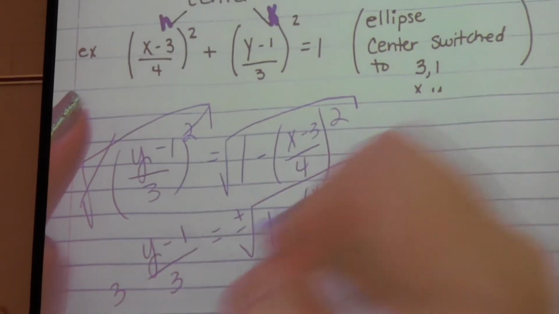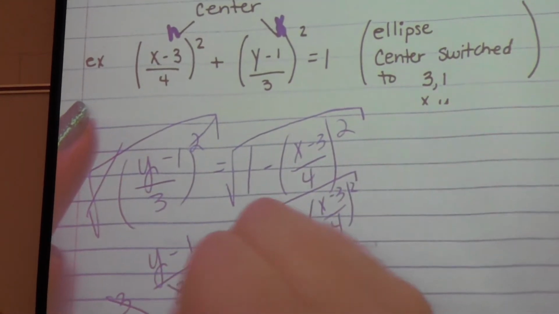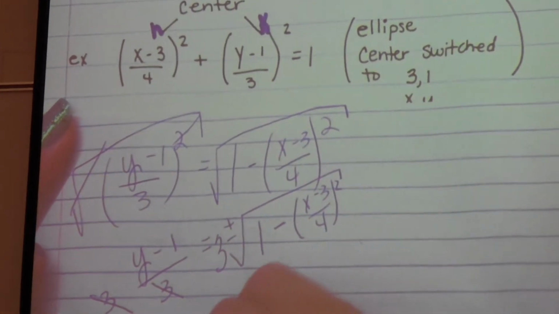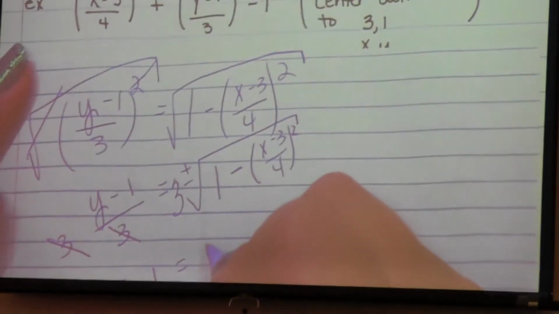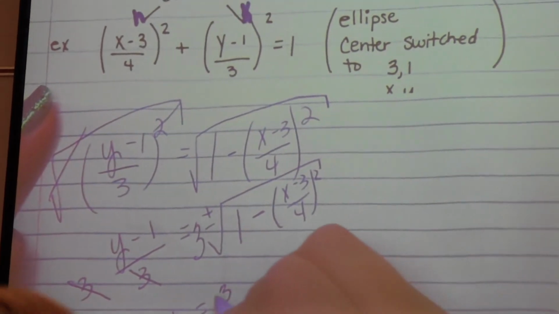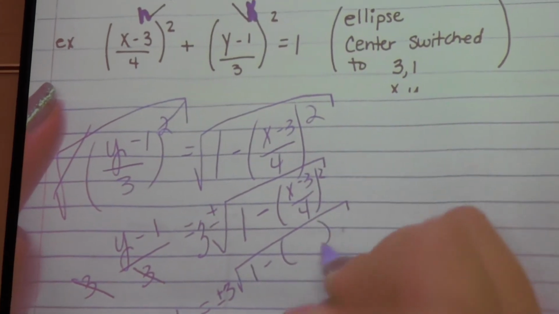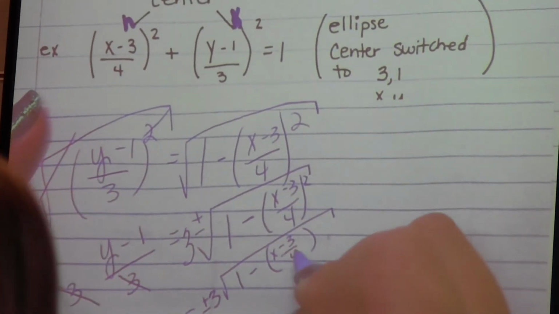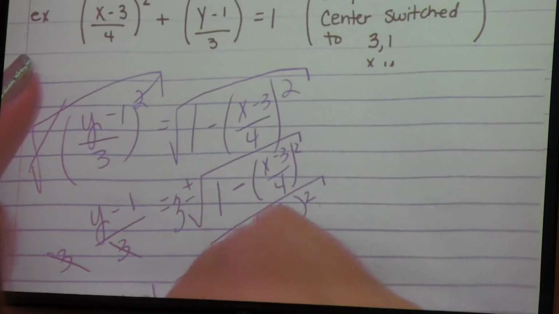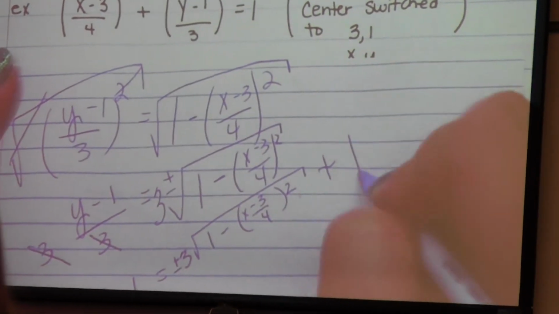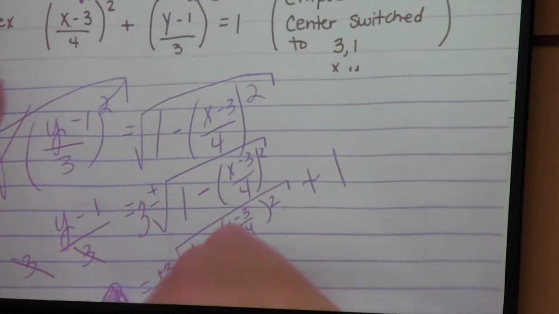Then I'd have to times by 3 on both sides to cancel that out. So I'd have y minus 1 equals plus or minus, 3 times 1 minus all that stuff in parentheses. And then I'd add 1 on both sides. And I'd finally have y by itself.